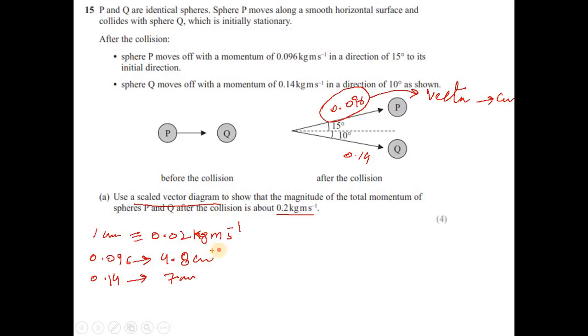Once you have these lengths, you can draw the two vectors of length 4.8 and 7 centimeters, head to tail, at these angles.